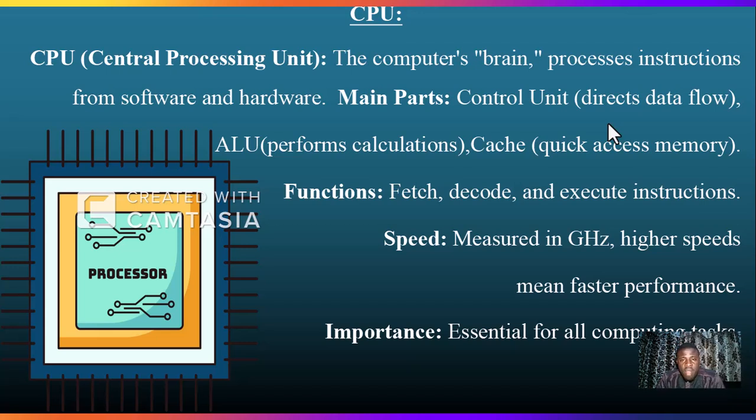The main parts are the control unit, the ALU, and the cache, and some functions of the CPU are to fetch, decode and execute instructions. The speed of the CPU is measured in gigahertz. The main importance is that it is essential for all computing tasks.